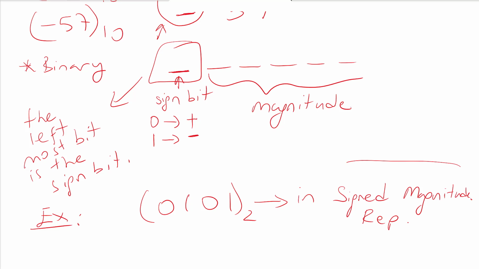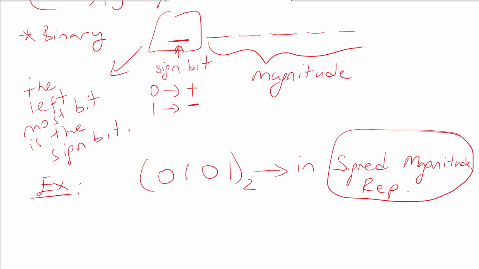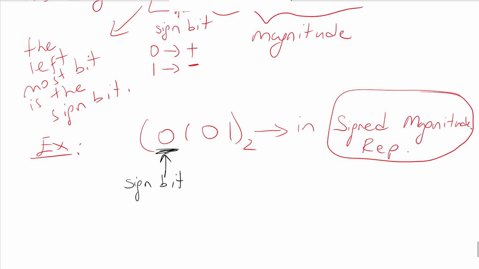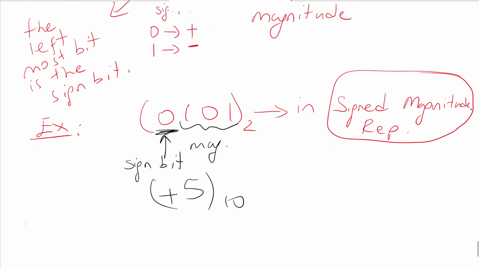Since this is given as signed magnitude, I look at the leftmost bit, and this is my sign bit. Since this is 0, I say this number is positive. And then the remaining bits are the magnitude, which in this case is 5. So this is positive 5 in decimal.